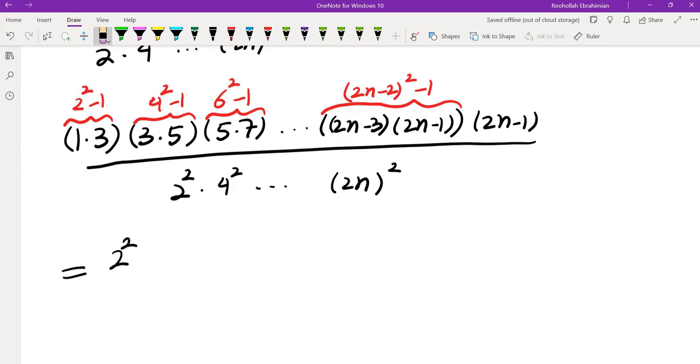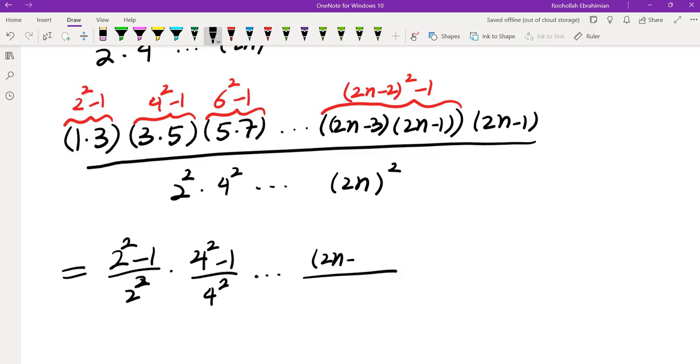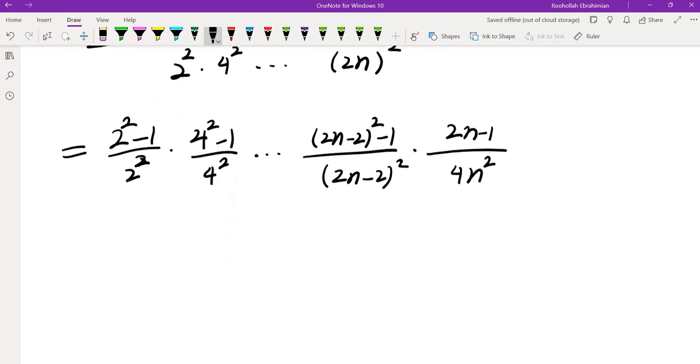So we get 2 squared minus 1 over 2 squared, and then 4 squared minus 1 over 4 squared, all the way to 2n minus 2 squared minus 1 over 2n minus 2 squared. And then we are left with 2n minus 1 over 4n squared, which is the last term at the bottom.